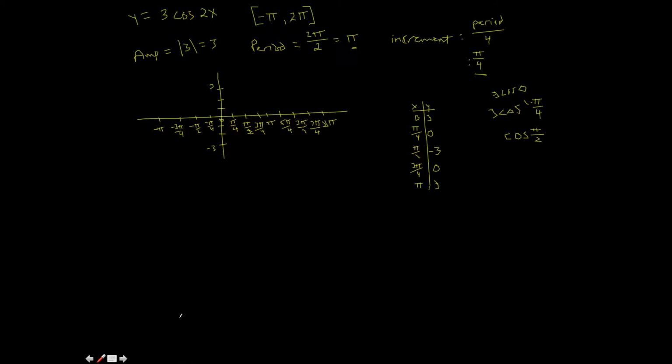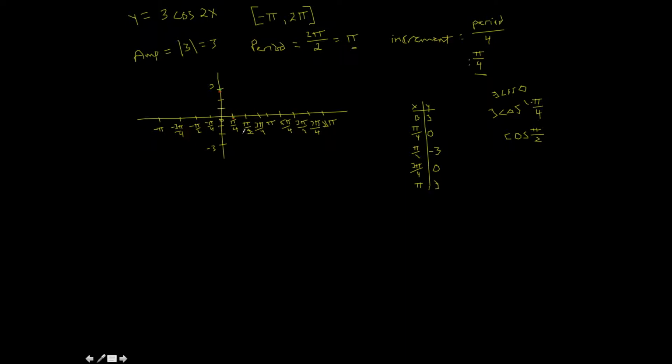So now, what can we do about that? Once you come up here to your graph, I know it's 0, 3. I know it's pi over 4, 0. Let me do a different color so you can see that. 0, 3. Pi over 4, 0.